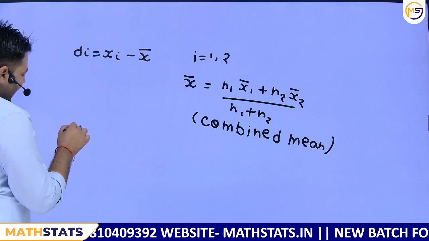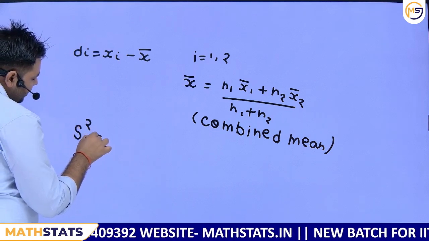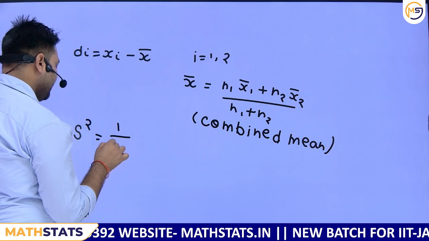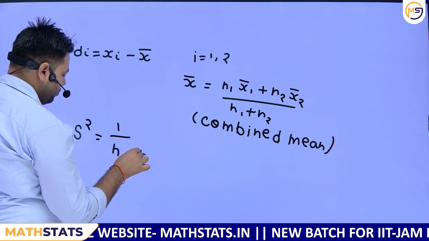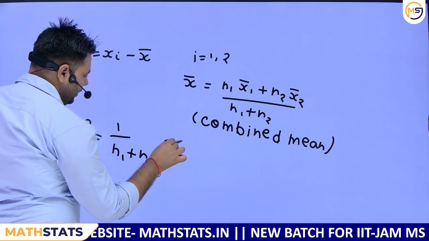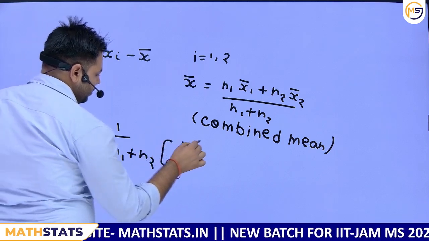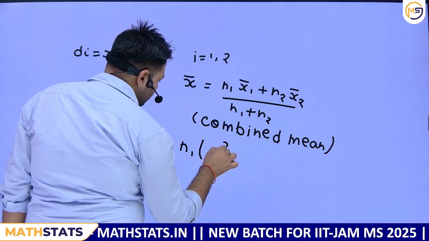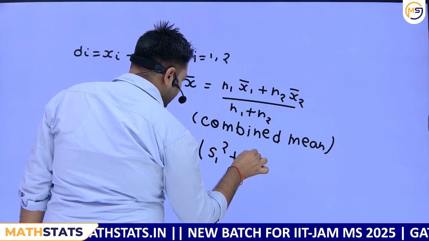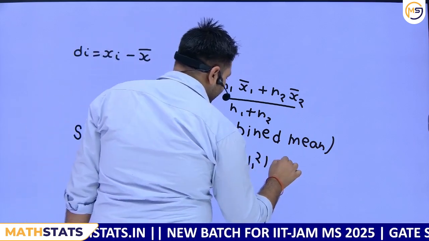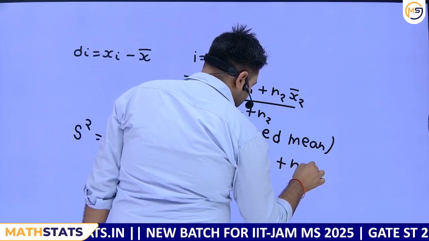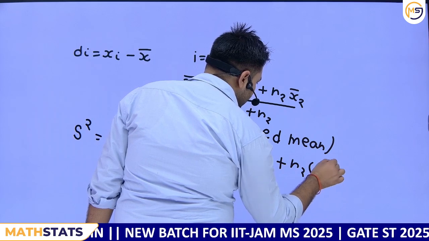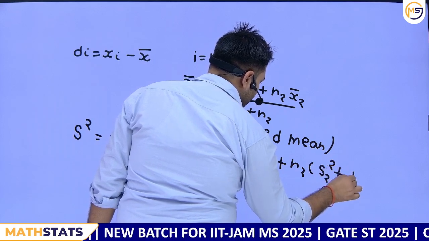So this formula is also written as s square equals 1 upon n1 plus n2, then n1 times s1 square plus d1 square, plus n2 times s2 square plus d2 square.